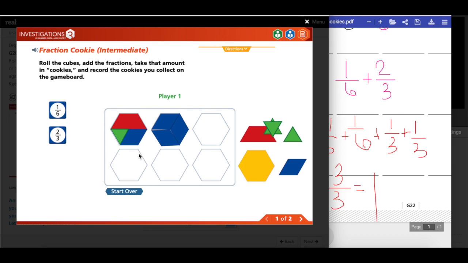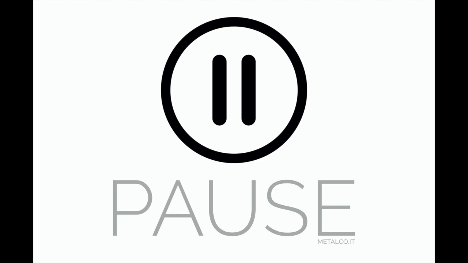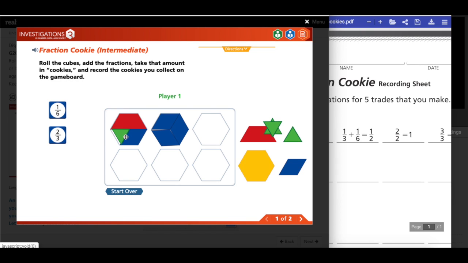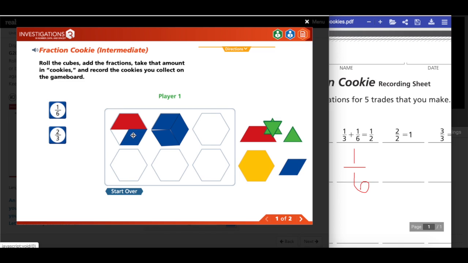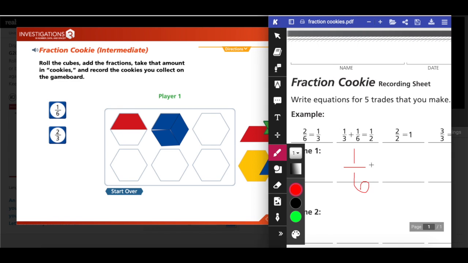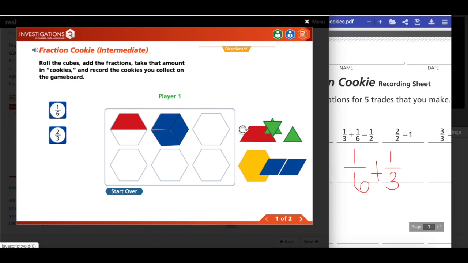Let's look at my first hexagon. What shape can I swap out now to have the least amount of shapes? You said that I can get rid of my triangle, or 1/6, and my rhombus, which is 1/3, and replace it with a trapezoid.